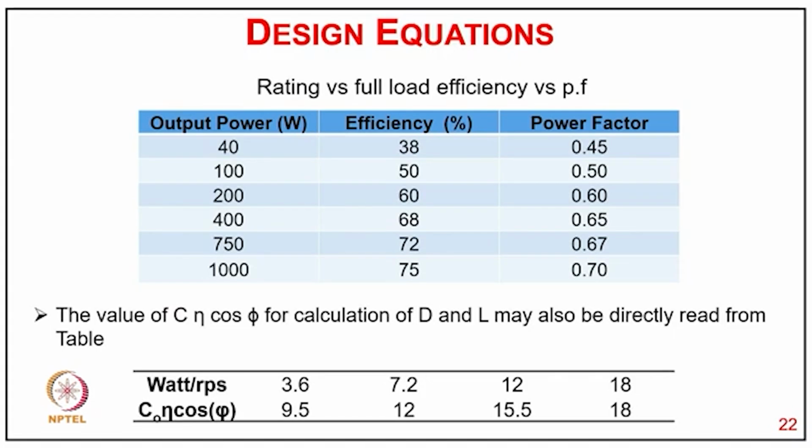Starting from 40 watt to 1 kilowatt, the efficiency varies from 38% to 75% and power factor from 0.45 to 0.7, and the value of C0 eta cos phi for calculation of D and L may also be directly read from this table. So we have watts per RPS and C0 eta cos phi, starting from 3.6, and for high rating, typically watts per RPS 18.